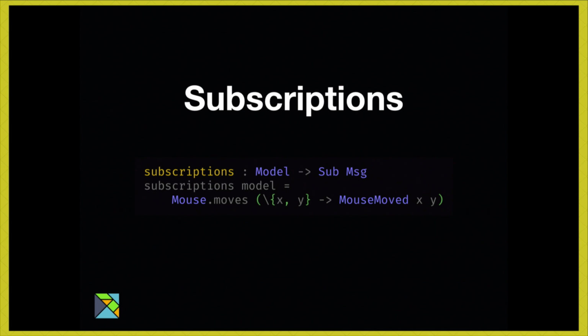So anytime the mouse moves, and that syntax there is an anonymous function, backslash and record x y. We're pattern matching, so we're expecting that mouse moves is going to call this function that we gave it with a record that's got an x field and a y field, and we're going to use a message type constructor to turn that into a message with data attached to it. And then that message will get sent back into our application.